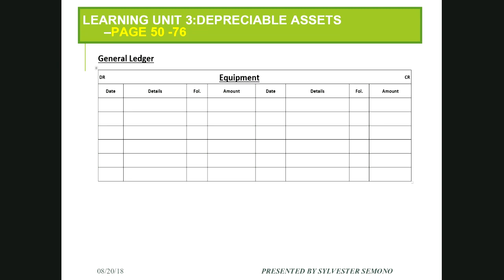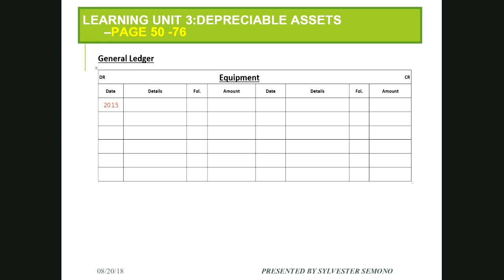Quickly go back. 456,000. Remember that? Yes, 456,000. And under which side must I put this balance? Debit. On the debit side, so you need to write the year. What is our year? When did we begin? 2015. Are you with me?